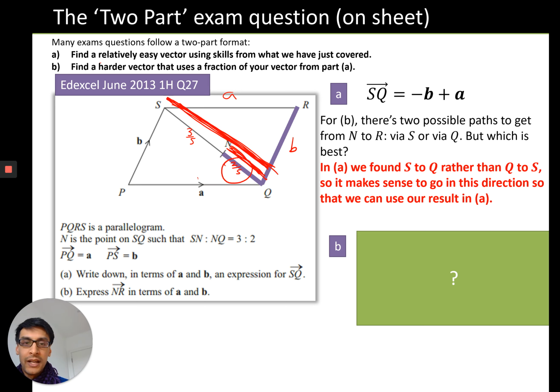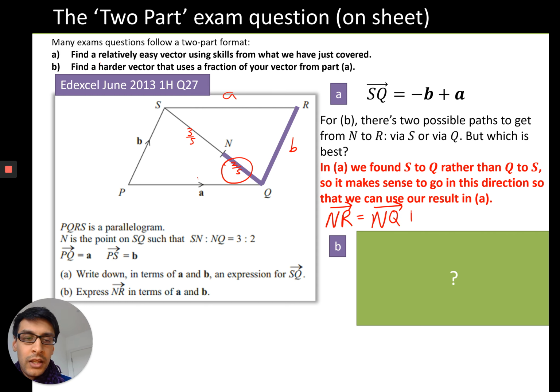So we're going to use that. We can start off by writing NR, because that's what we're trying to find, is equal to going from N to Q, and then from Q to R. Now NQ, we can work out here.